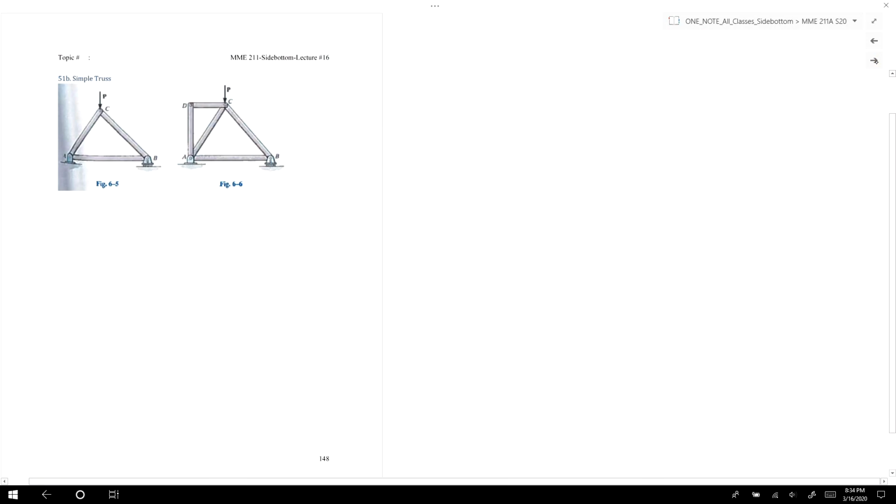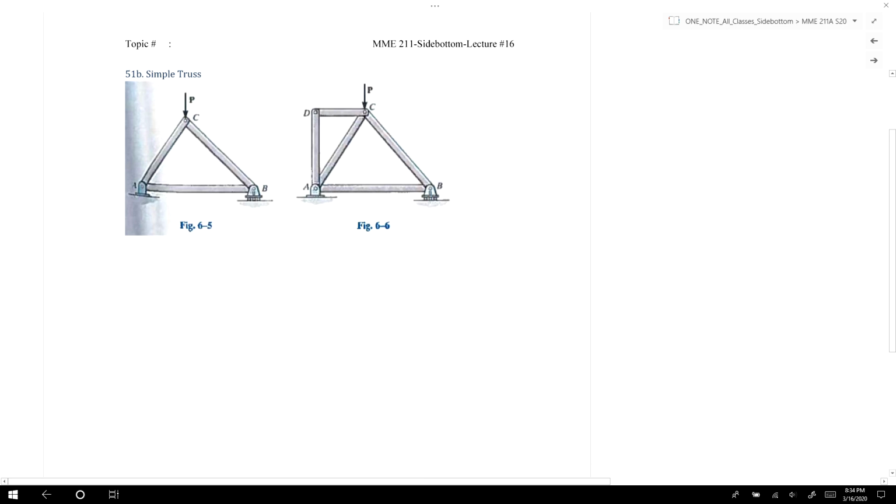If we go to the next page here, I'll talk about a simple truss.